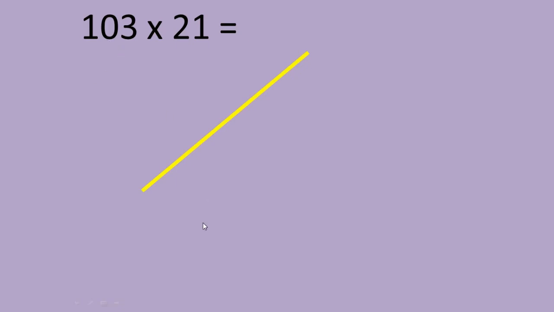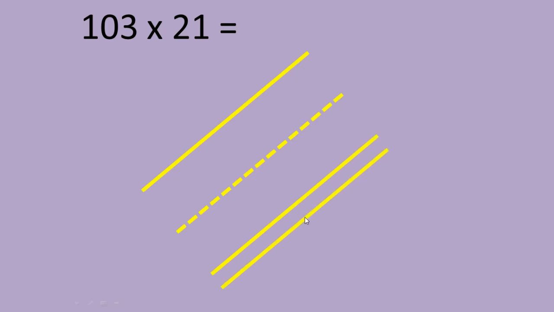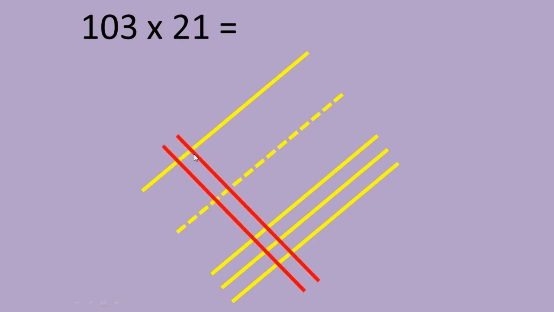Then we have 0. The 0, guys, I will draw as a broken line. Then we have space, 1, 2, and 3. Multiplying by 21, we have 1, 2, space, and 1.